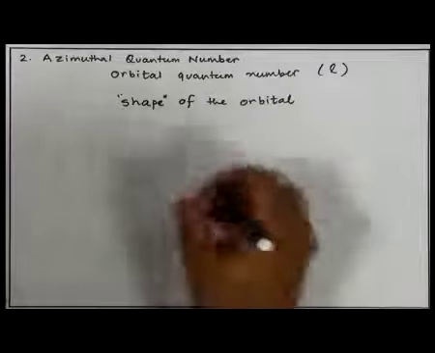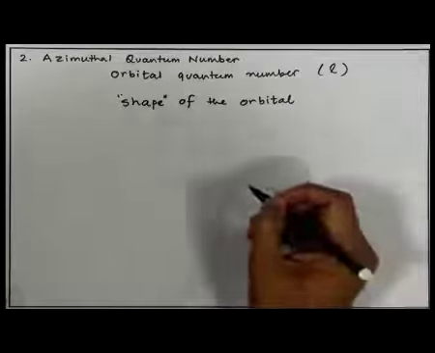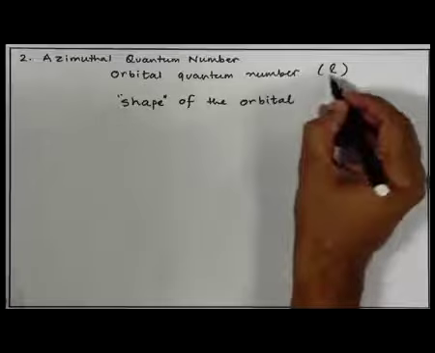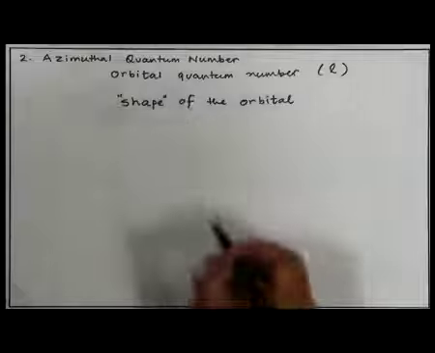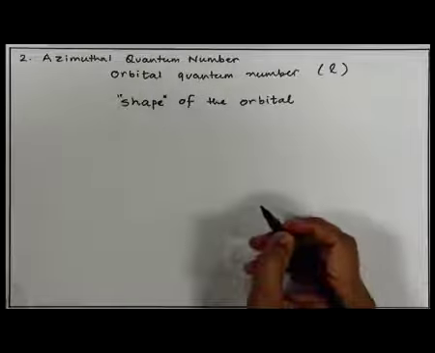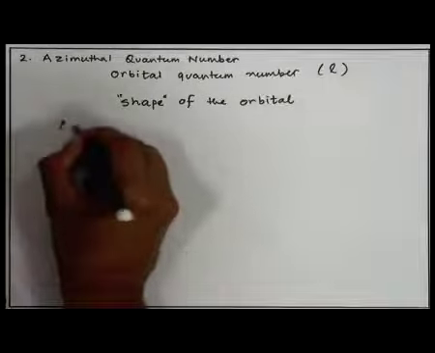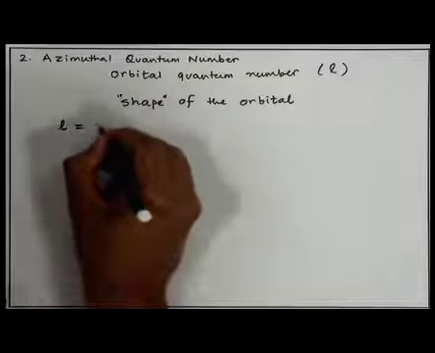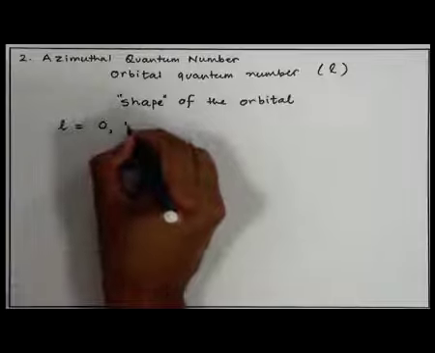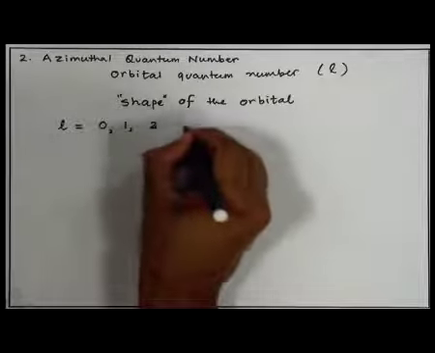So, we saw how big the house of the electron was. Now, with orbital angular momentum, we will see what the shape of the house of the electron, or the shape of the orbit, is.